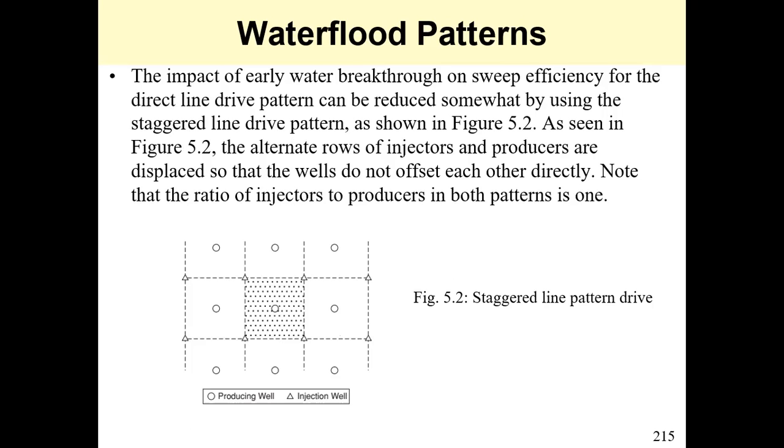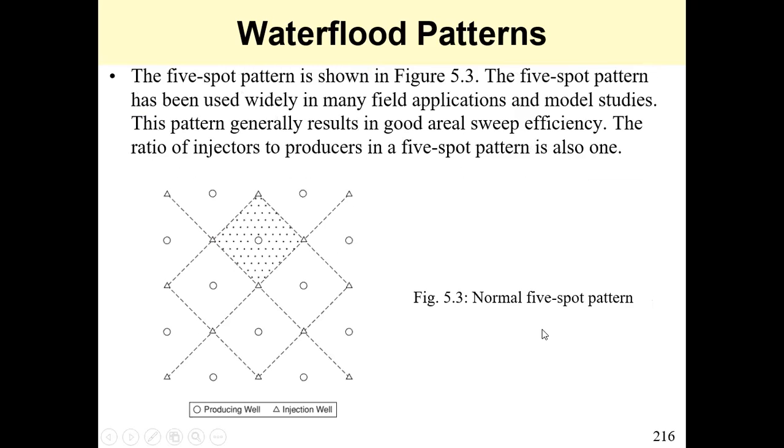In this pattern, the ratio of injectors to producers is 1:1, but you see that this comes across like a 5-spot pattern. You have 4 injectors peripheral to this one well, and that's the superiority of the staggered line pattern drive to the direct line drive.